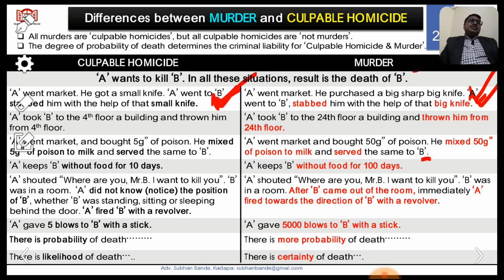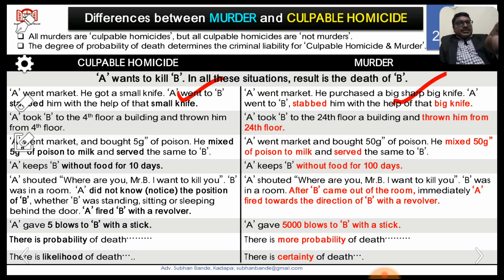But there are certain other factors that determine whether such an act is culpable homicide or murder. If all other factors are similar, we can compare these two situations, and say the first condition is culpable homicide, and the second condition may be murder.